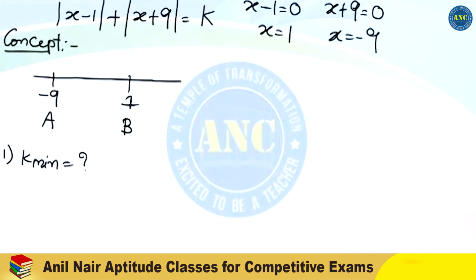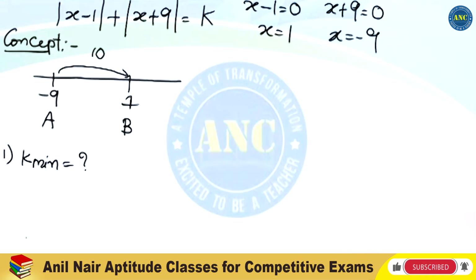Anil travels from Hyderabad to Anantapur and Ajay from Bangalore to Anantapur. That means the minimum value of k is possible only when A and B move in opposite directions. If minus 9 and 1, what is the distance? 10.